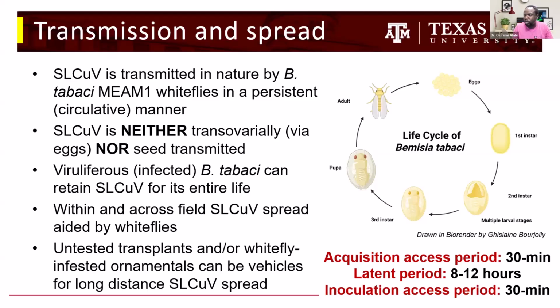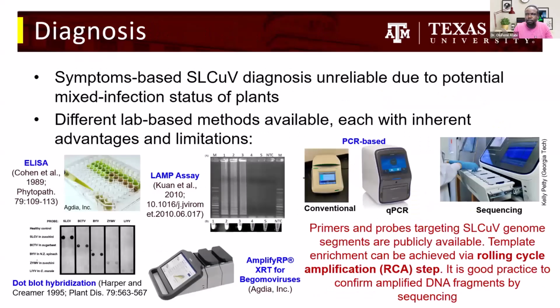But also something to keep in mind is that some of these whiteflies can acquire the virus and infest ornamental plants that are traded more frequently. And those can also be vehicles for long distance spread. So it is very important to inspect these transplants as well as ornamentals, not just for symptoms of virus, but also for indications of a whitefly infestation.